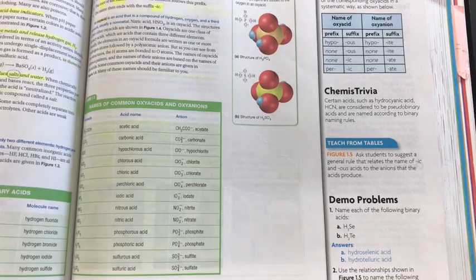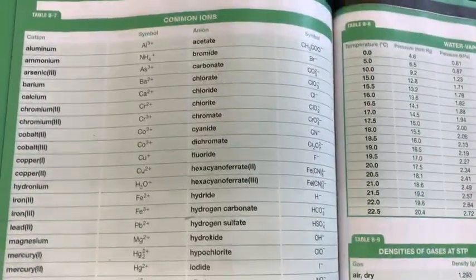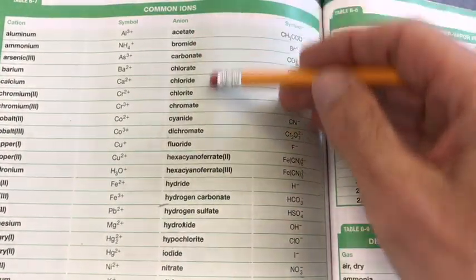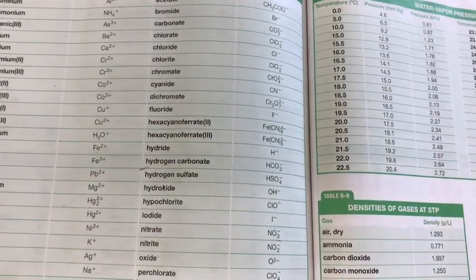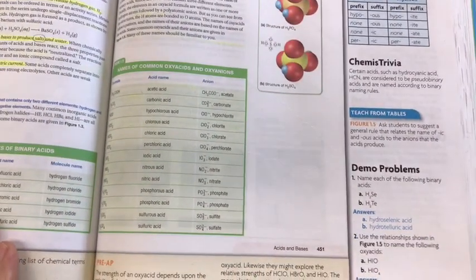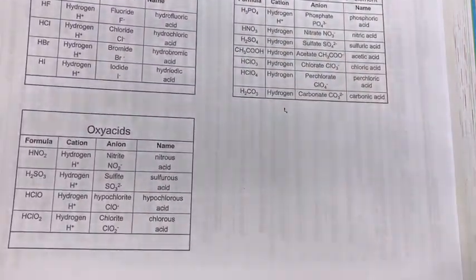If you know your page R78, this one here, and you know your anions, then it's going to be much easier to name all your acids. Also, I provided for you this sheet here that you have in your handout.